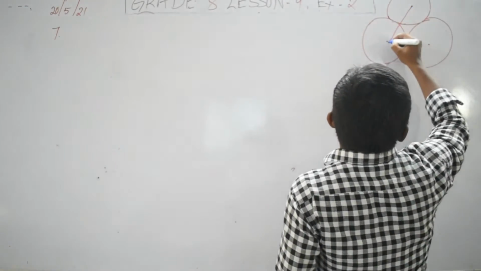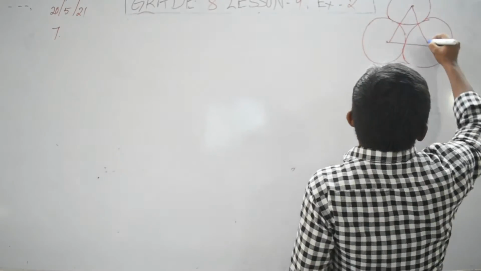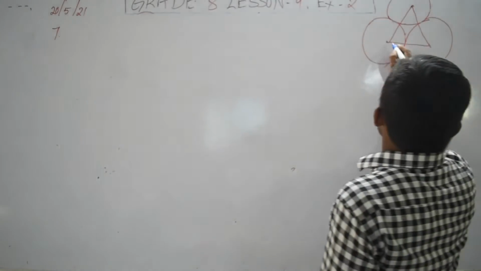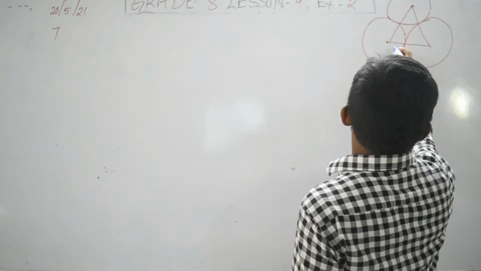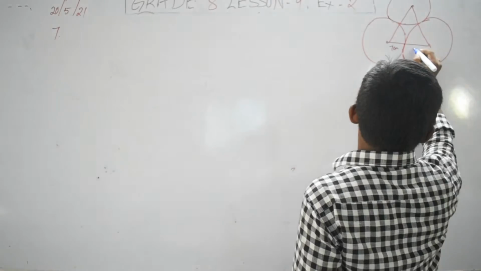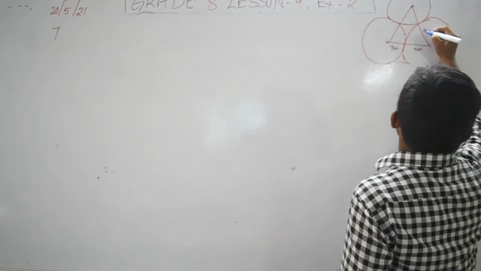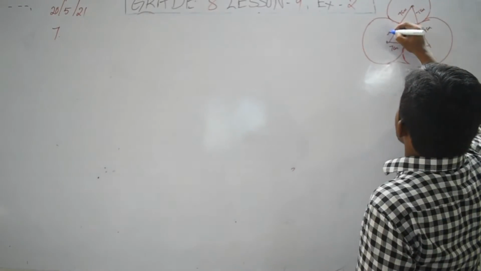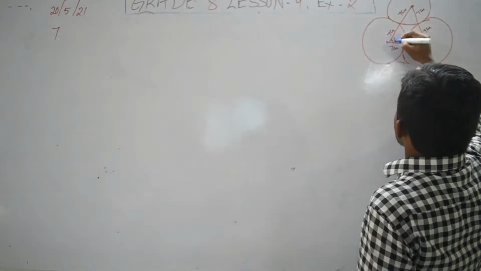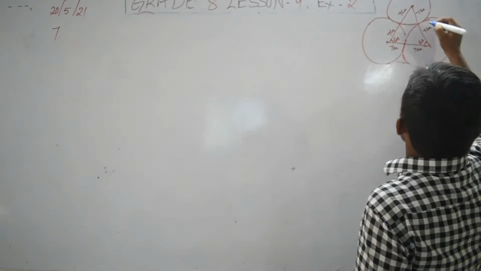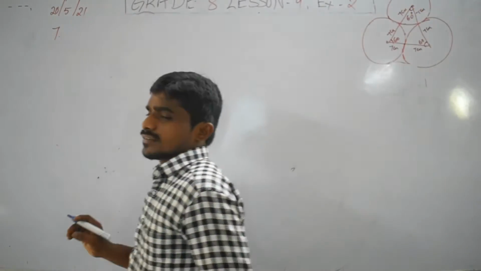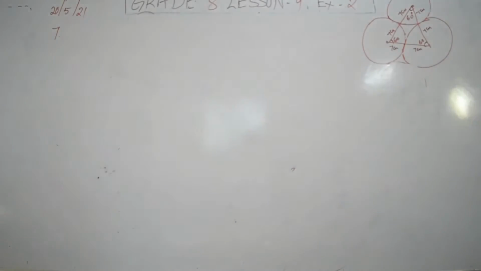Here, see, from here to here, the radius is 7 centimeters, 7 centimeters, 7 centimeters, and the angles are 60, 60, 60. What is the triangle? Equilateral triangle.